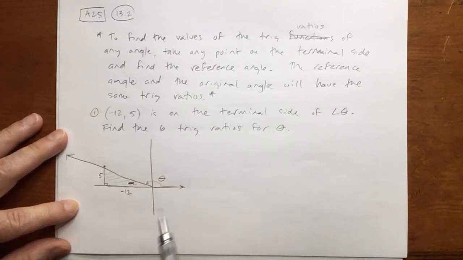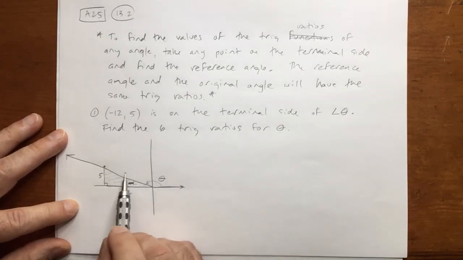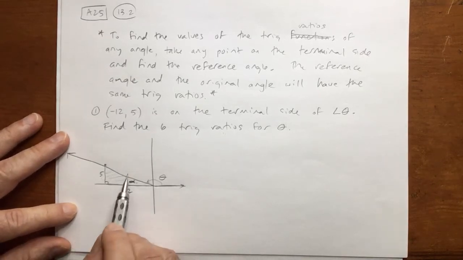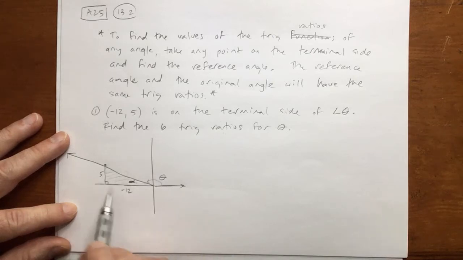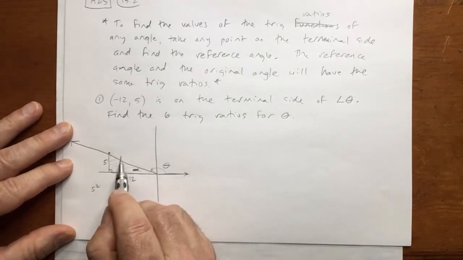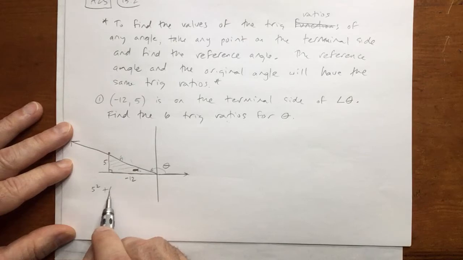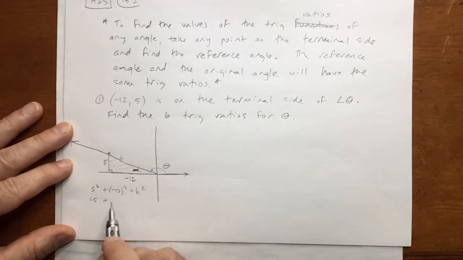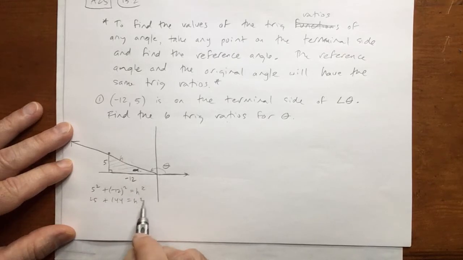Okay. Now for the trig ratios, I know I need all 3 sides, so I need to find the hypotenuse. I'll use the Pythagorean theorem, or some of you may recognize one of our Pythagorean triples that's fairly common. Okay, we're going to get a nice value for there, so I'll do that work right here. 5 squared, I'll call this h, plus negative 12 squared equals h squared. 25 plus 144. 169, and take the square root.